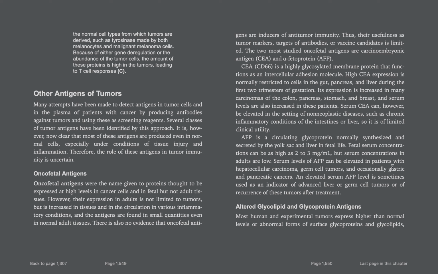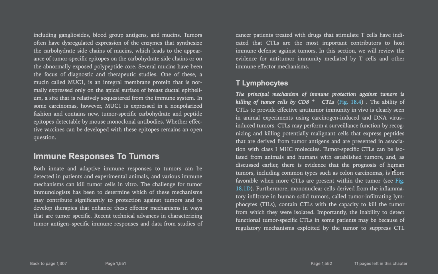Altered glycolipid and glycoprotein antigens. Most human and experimental tumors express higher than normal levels of, or abnormal forms of, surface glycoproteins and glycolipids, including gangliosides, blood group antigens, and mucins.